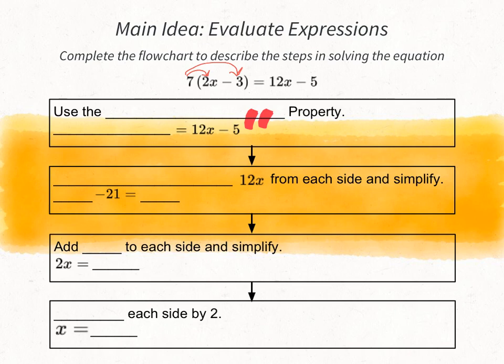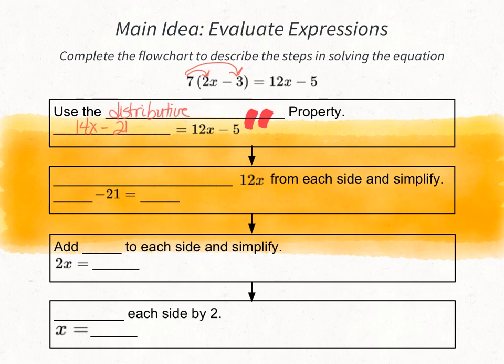I'm going to distribute the 7 across the parentheses, which means I'm going to take 7 and multiply it by each term inside my parentheses. So what I get is to use the distributive property, and that gives me 14x minus 21 equals 12x minus 5.